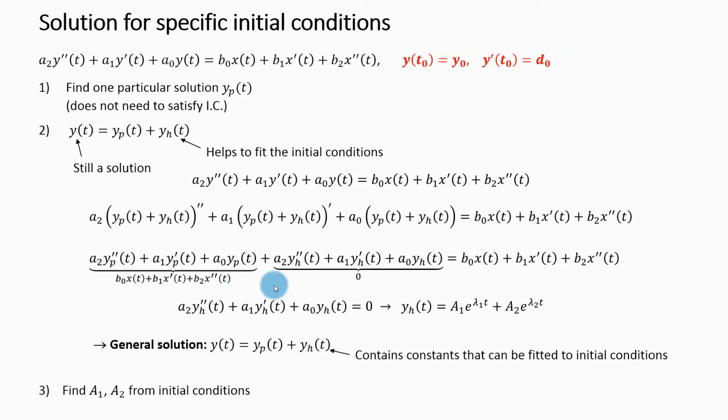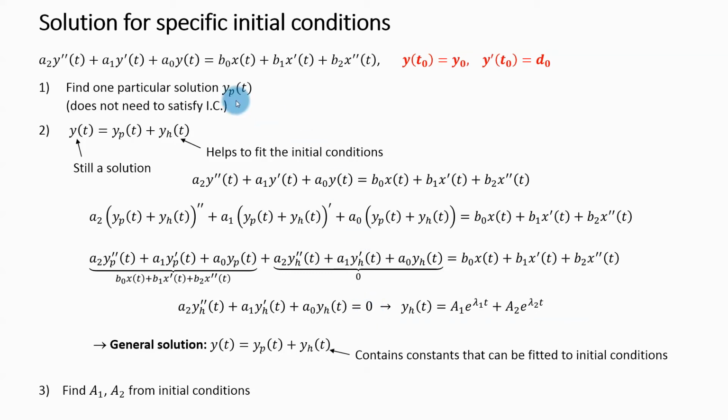Now, if I want this equation to hold, it is going to happen only if this is 0. So we need to find y sub h as the solution to this differential equation. And this is actually our original differential equation, except here we removed all the inputs to the system.